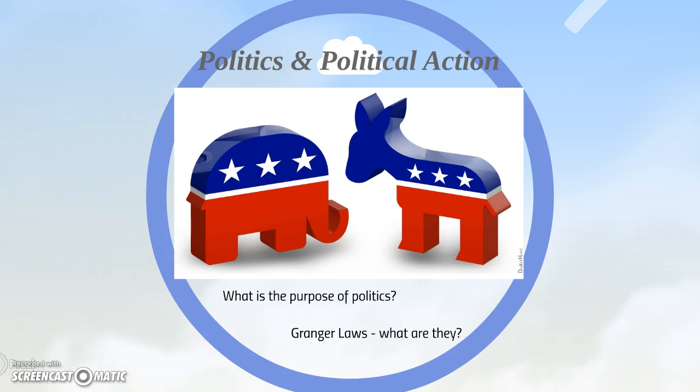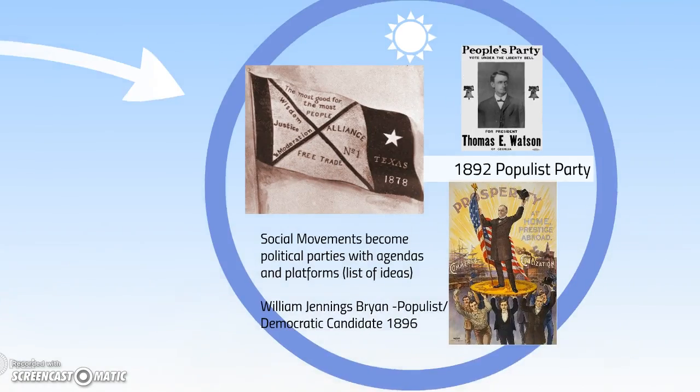A third party would be an alternative to these mainstream parties, and this new party would advocate for the interests of farmers and the people more generally, insisting that different state and local governments use their power to restrain and regulate the trusts. And that's exactly what they do.